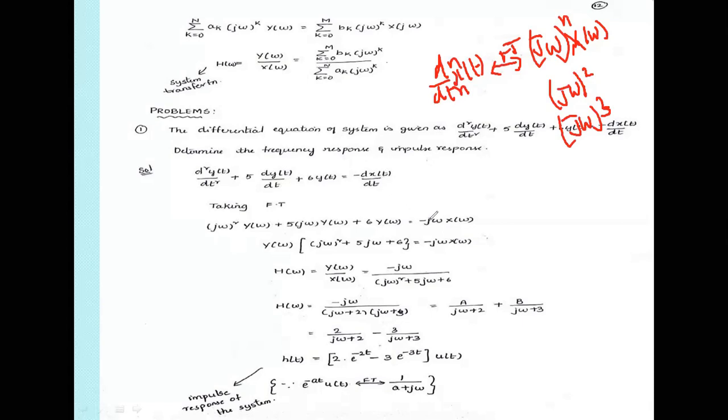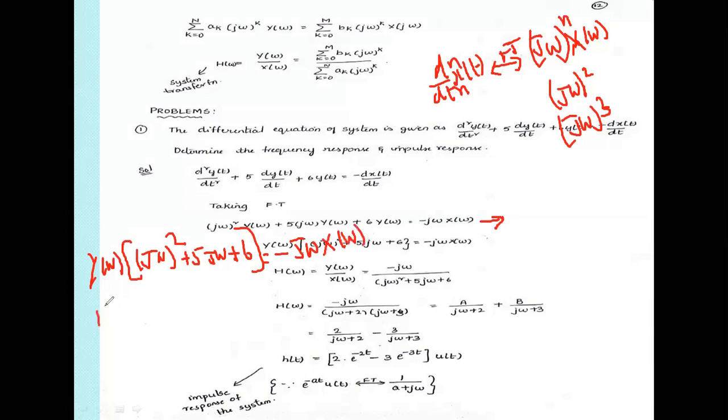dx of t by dt, the first derivative, gives minus j omega times X of omega. So in this equation, check that Y of omega is common. We have one term (j omega) whole squared plus 5j omega plus 6 equal to minus j omega X of omega.